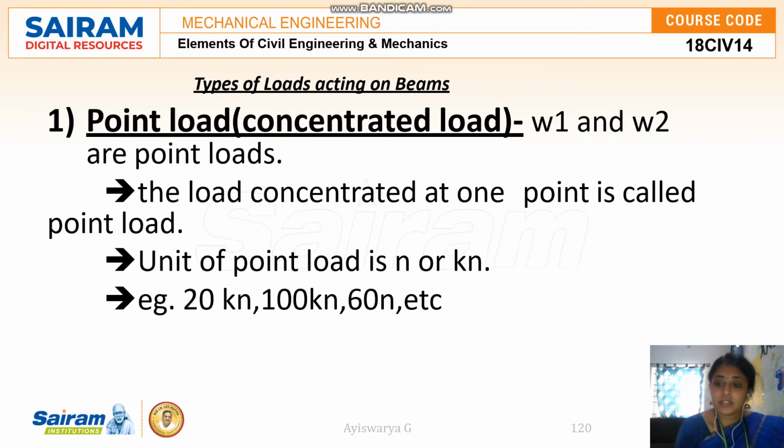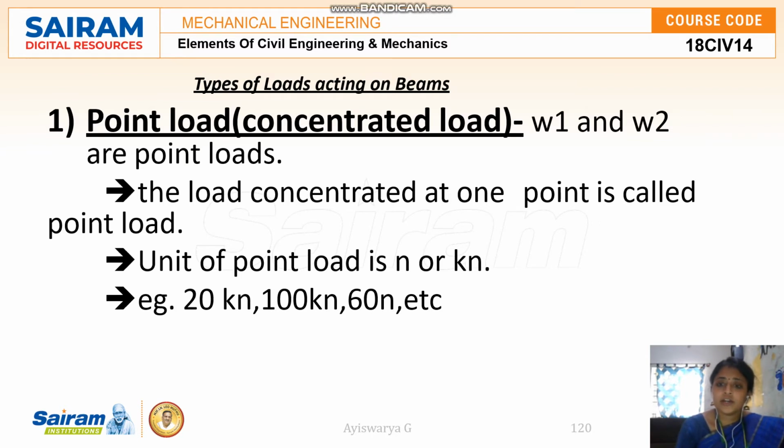It is represented as W, maybe W1, W2, W3, up to however many point loads we are applying. For example, imagine you are a person of weight 50 kg. So W will be equal to 50 kg. How will your weight fall? Vertically downward, so the arrow mark should face the vertically downward direction.